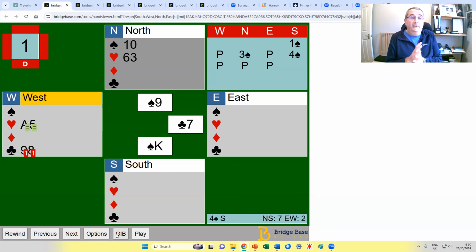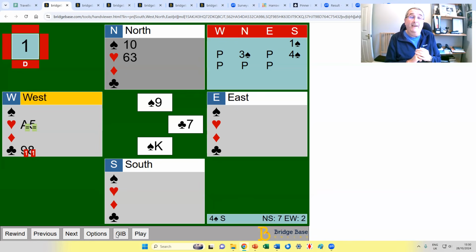First of all, there's no point keeping clubs. Declarer has failed to ruff clubs, and instead he's playing out his trumps. So if declarer had any clubs that he wanted to get rid of by ruffing, he would have done that. He's not done that. Instead, he's just playing out his trumps to give you a chance to discard wrongly.